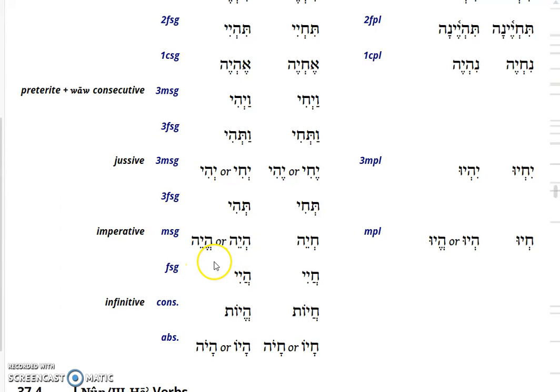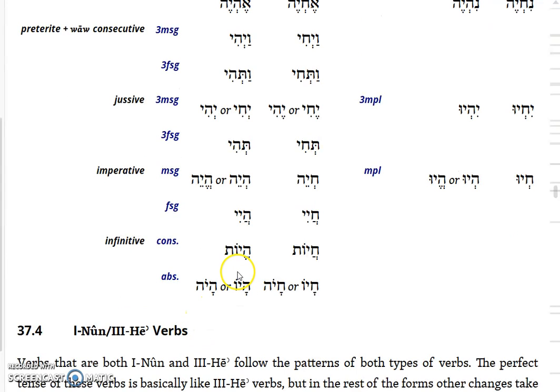The imperative, you have a form with a hataf segol and one with just a regular shewa. And then the infinitive construct has the ot ending in both hayot, to be, and hayot, to live.